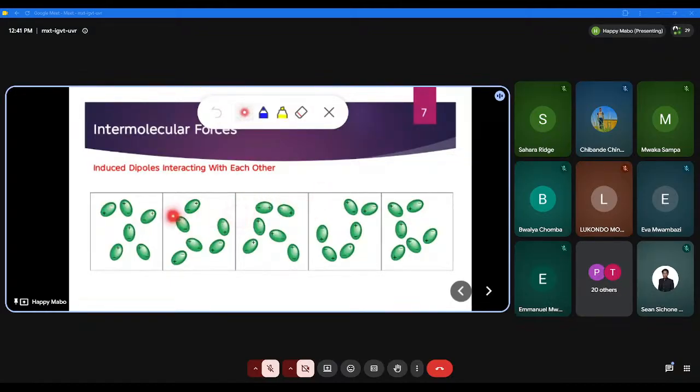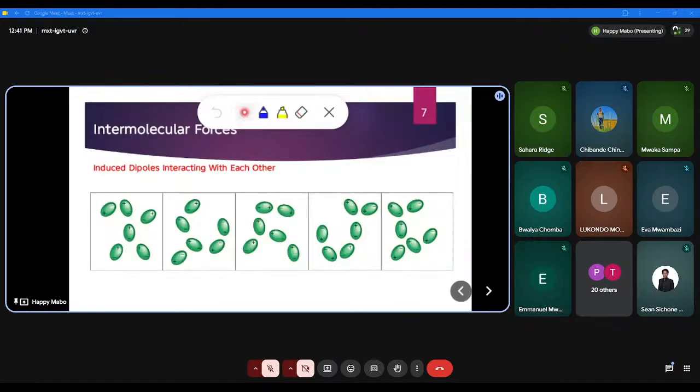They are repelling one another, and they are attracting one another, and this goes on and on, which fits into the definition that matter is made up of tiny particles that are in constant random motion.